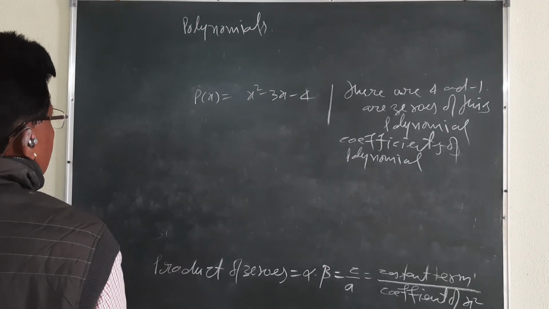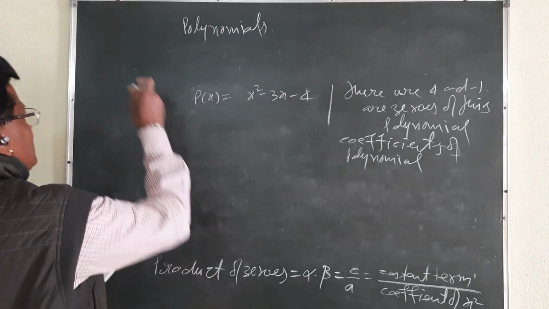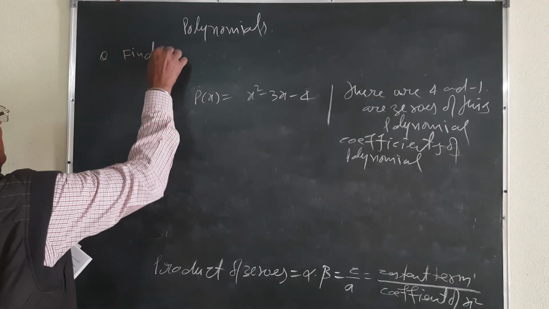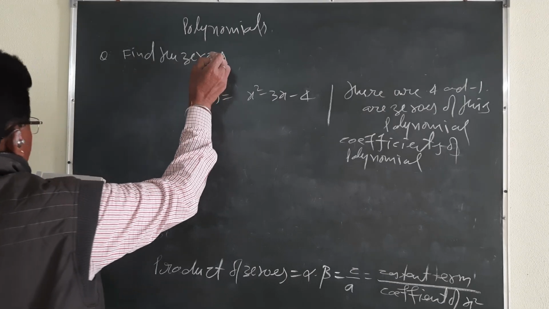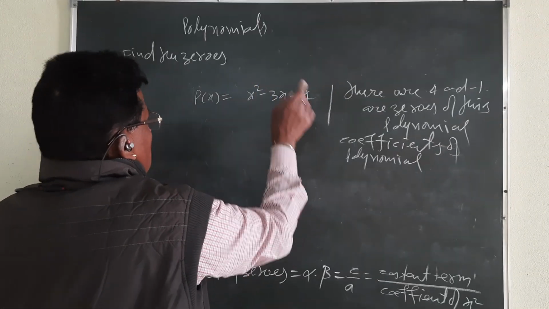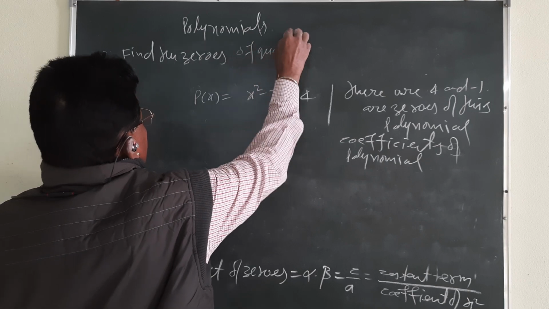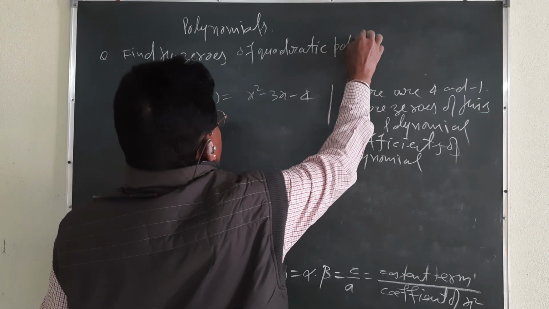Dear student, this standard form you must also keep in mind. Let me write the question. Question is here: find the zeros of this quadratic polynomial. I am writing how the question will be asked.